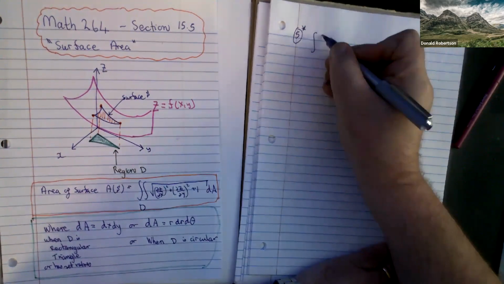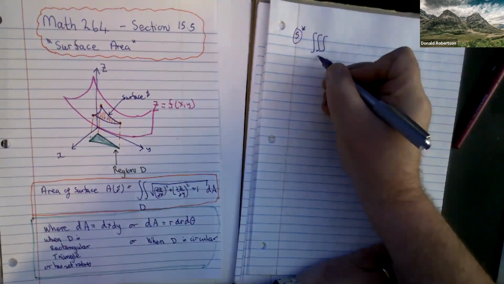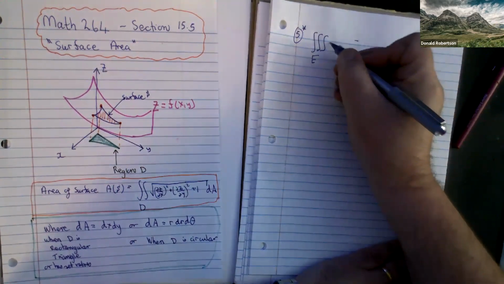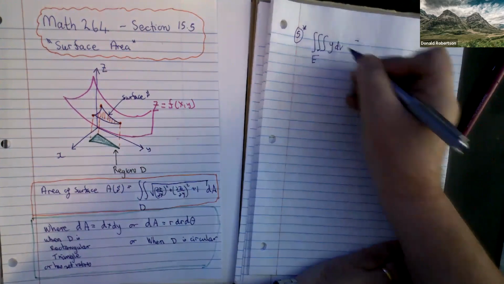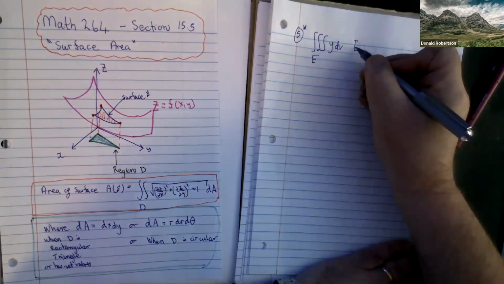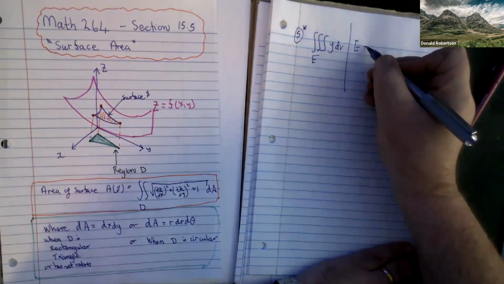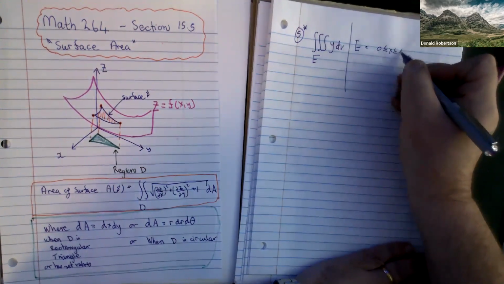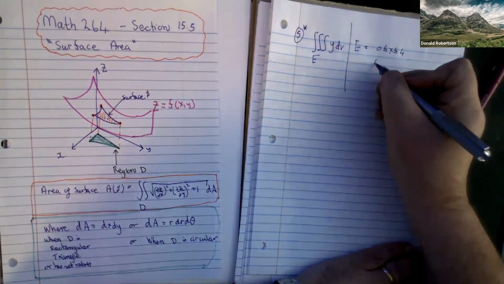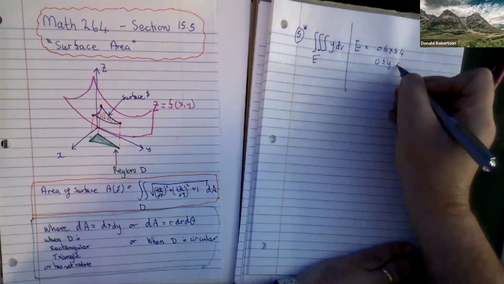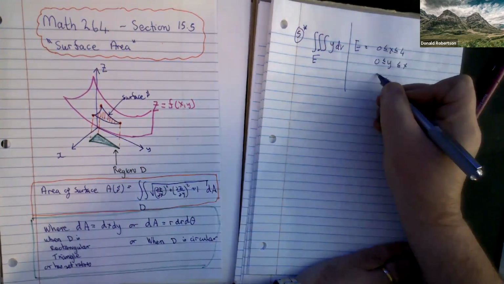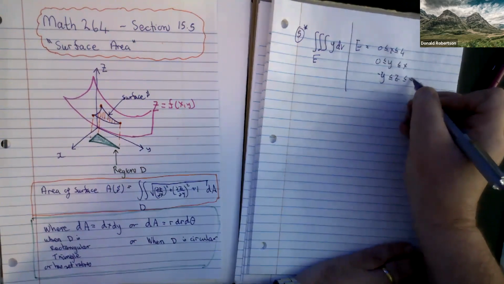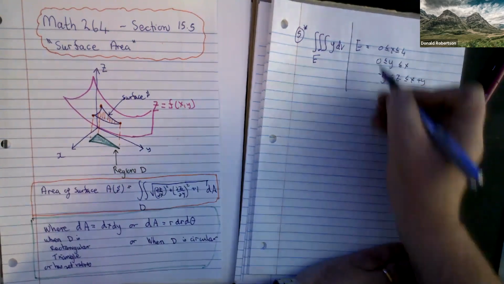We're asked to find a triple integral over some region E, and the function is y dV. And E is basically, I'm just going to write down what it says. It's that guy, that guy, that guy.